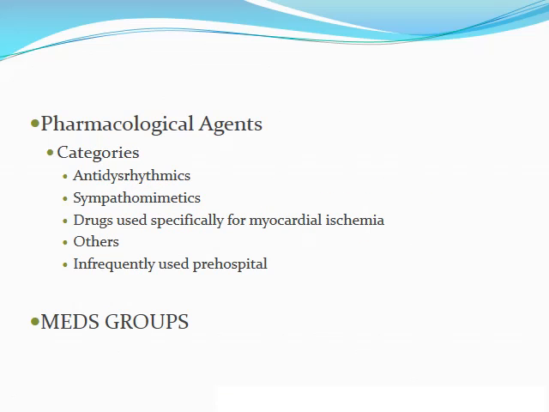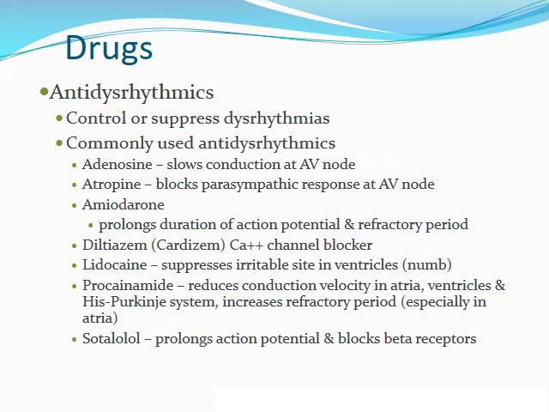All right, when you've tried all these other procedures and things aren't working, we may have to go to some medications. Medications we'll talk about are some antidysrhythmics, some sympathomimetics, some drugs for MIs, and other medications. Drugs in the antidysrhythmic realm are adenosine.